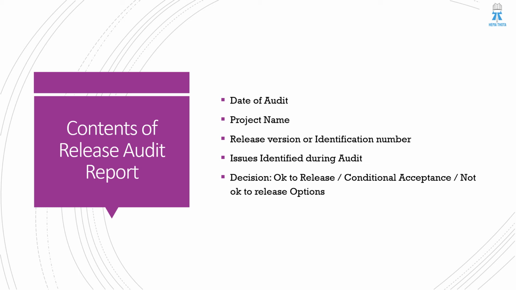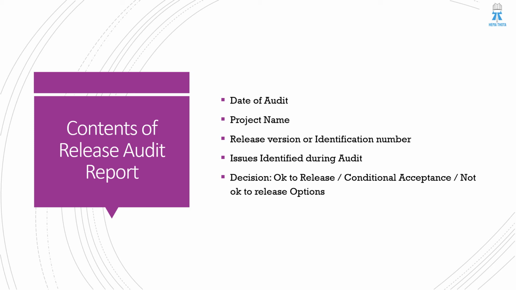If a client says you should not release when a major bug is there, then you should not release it to the customer. So if you have identified that there is a major bug which is not fixed, and we are doing a release, you can identify it as an issue.